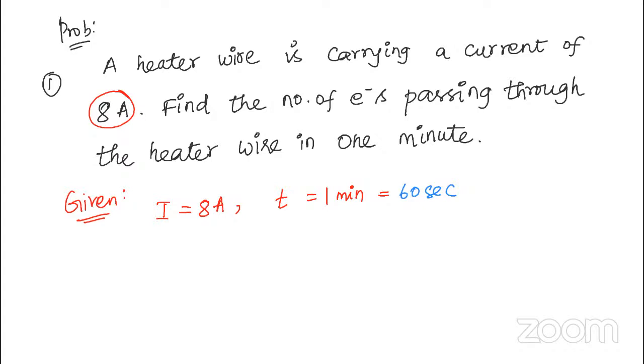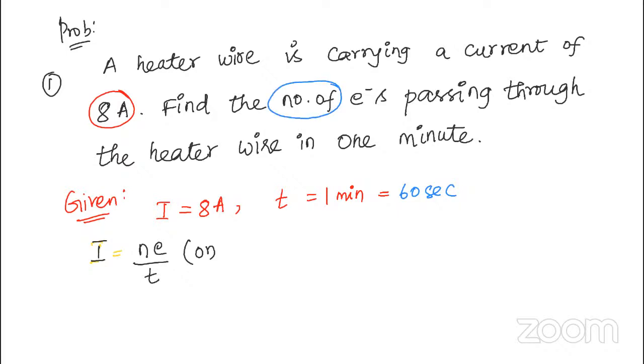So what is the current value? I is equal to N into E by T. So here we can use this formula. Here we are calculating the number of electrons.